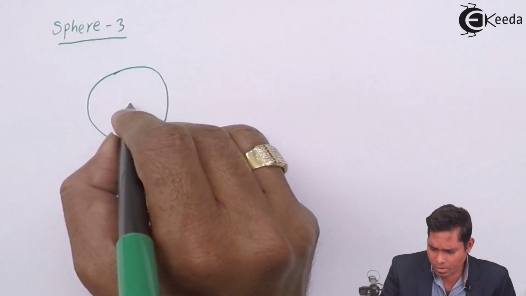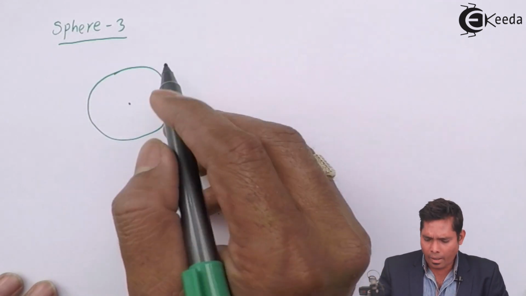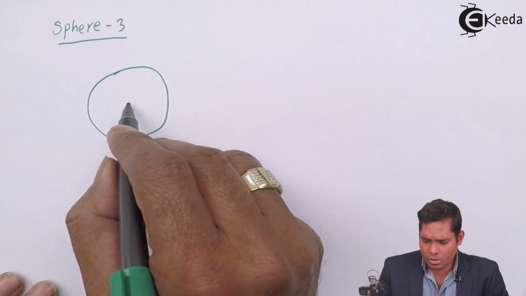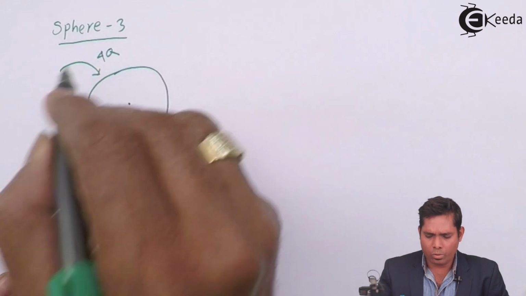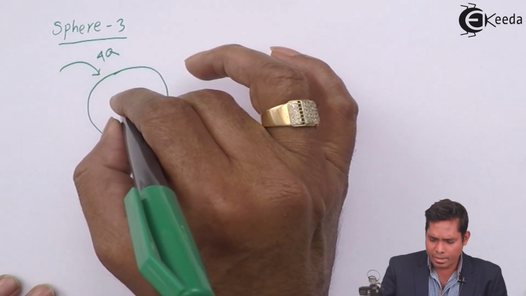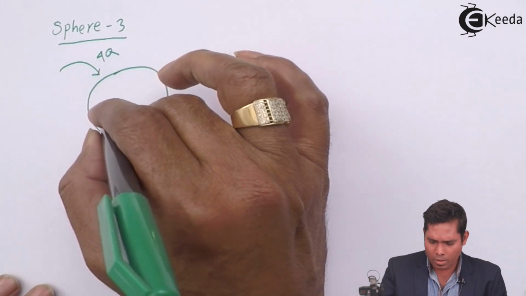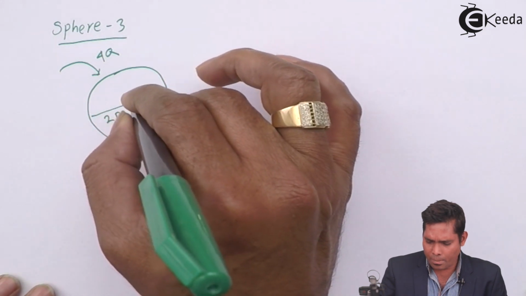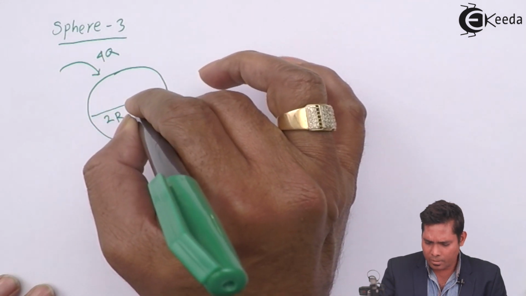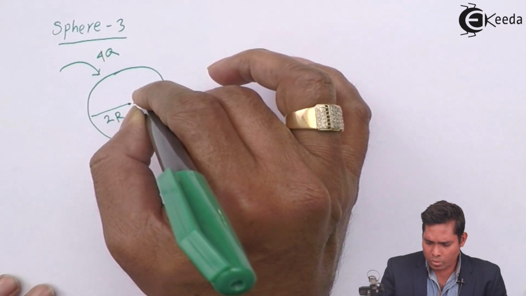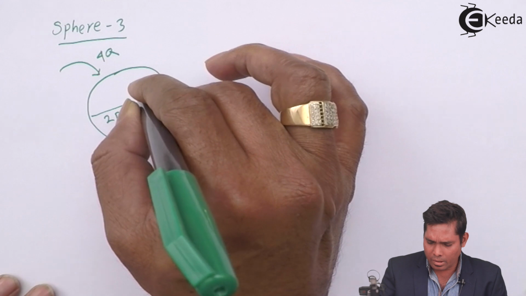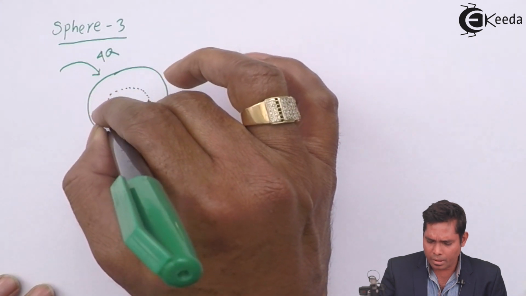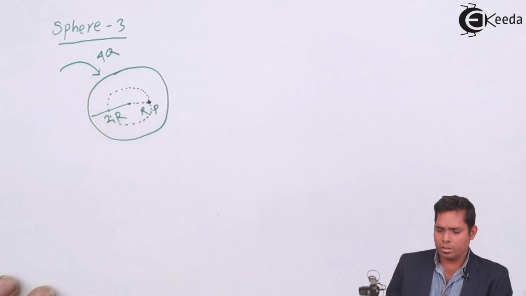This is the third sphere, and the charge that is given is 4q, and its radius is 2r, and we are considering a point at a distance r. So this point P lies within the sphere.